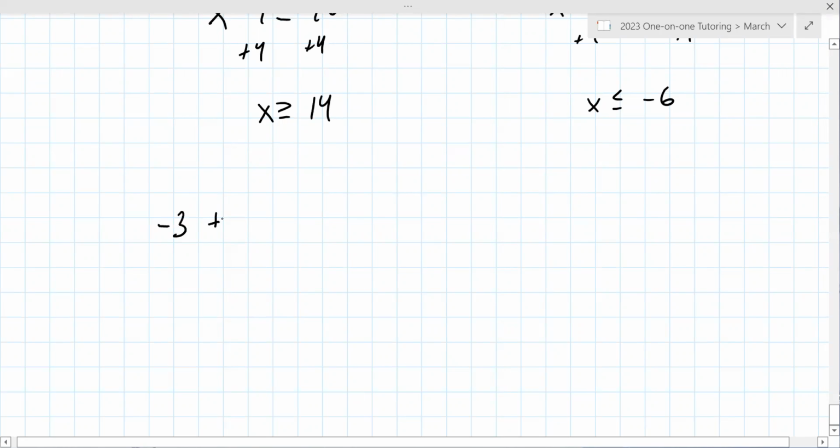Negative 3 plus 4 absolute value x minus 1 greater than 5. Let's go ahead and solve this.